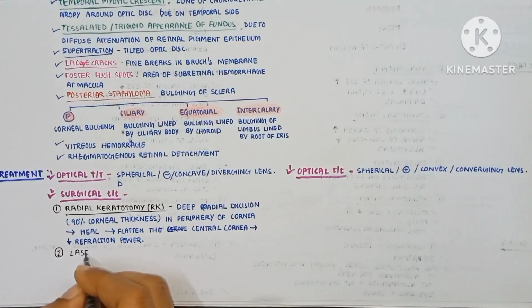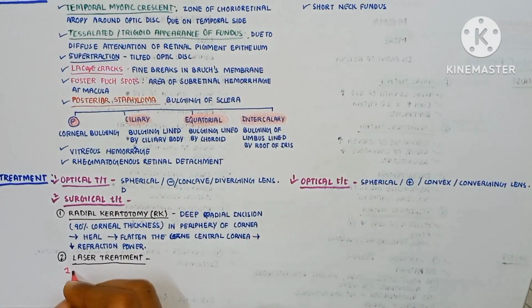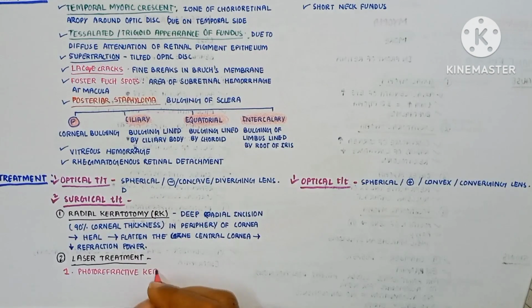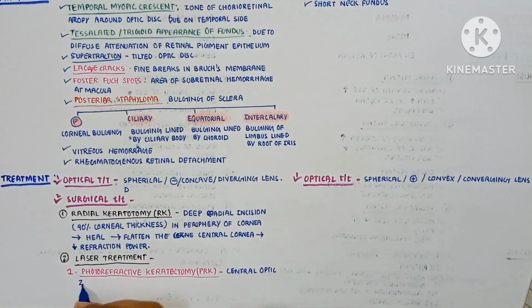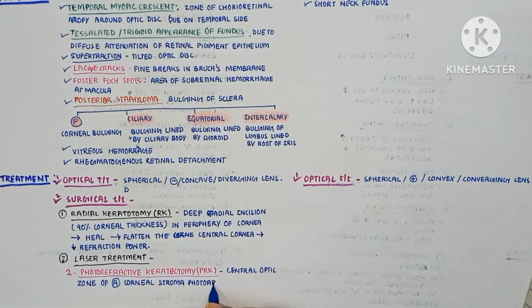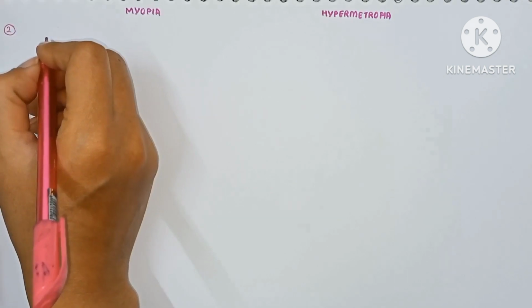The second is laser treatment. Under it, the first treatment is photorefractive keratectomy, PRK. The central optic zone of the anterior corneal stroma is photoablated using the laser, causing a flat cornea, used for -2 diopter to -6 diopter.